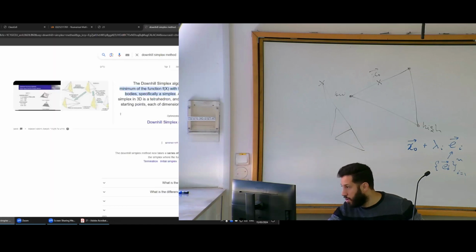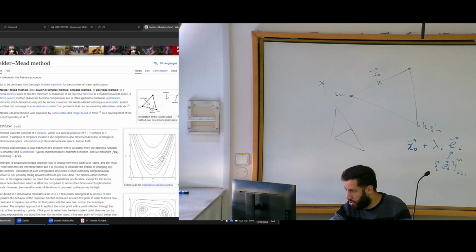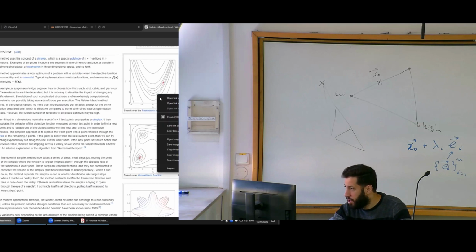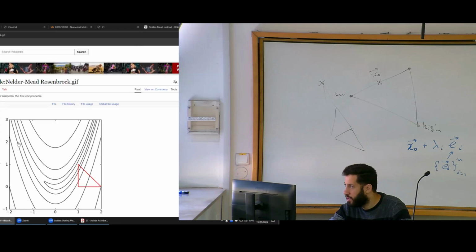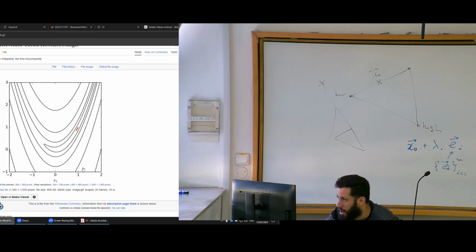It's now for testing functions for optimization. For example, for this function, we start with some triangle, and this triangle goes to the minimum. So we start, we shrink, we reflect, and then contract and shrink.